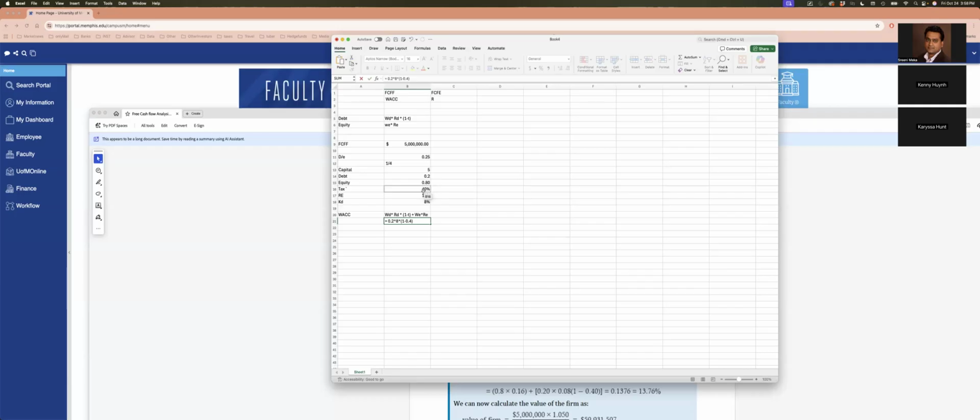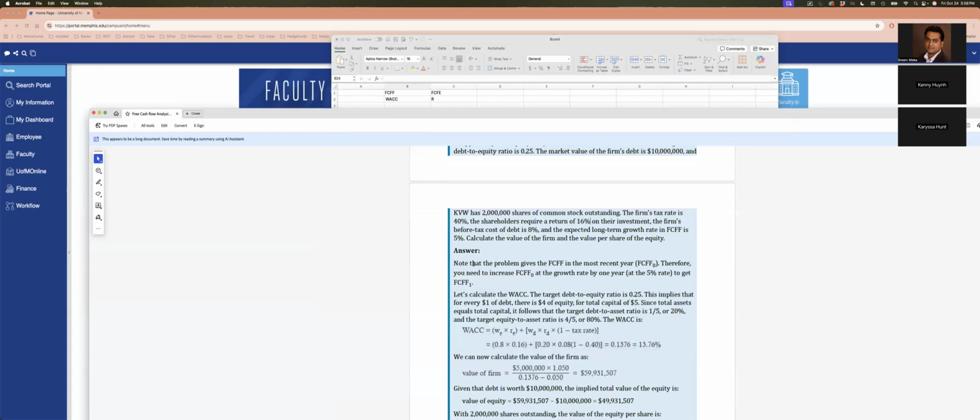And then you go with plus WE times RE. What is the weight of equity? Equity weight is 80%, so 0.8, times RE, 16%. Bingo. How much did you get? 13.76%. That is the answer. Did you get it? So what's the answer here?